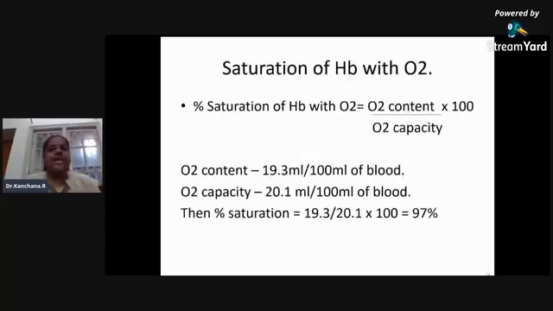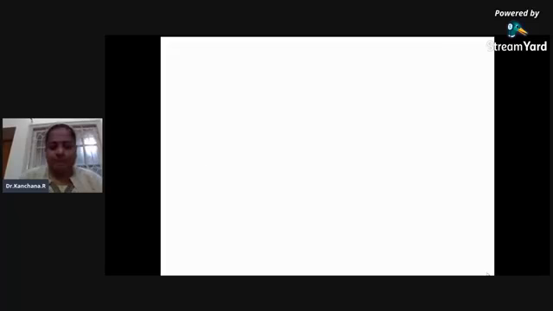Now, percentage saturation of hemoglobin with oxygen is given by oxygen content divided by oxygen capacity, times 100. The oxygen content is 19.3 ml per 100 ml of blood, and oxygen capacity is 20.1 ml per 100 ml of blood. So the percentage saturation is 19.3 by 20.1 times 100, which is around 97%.